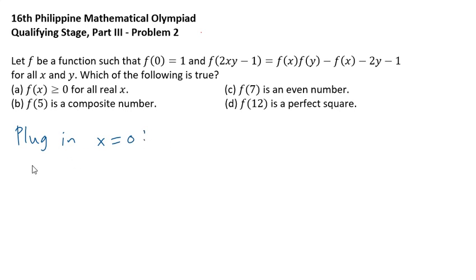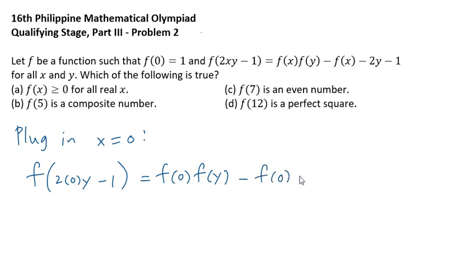So we have f of 2 times 0 times y minus 1 equals f of 0 times f of y minus f of 0 minus 2y minus 1. Simplifying, we obtain f of negative 1 equals, take note f of 0 is 1, so 1 times f of y, that's f of y, minus 1 minus 2y minus 1.